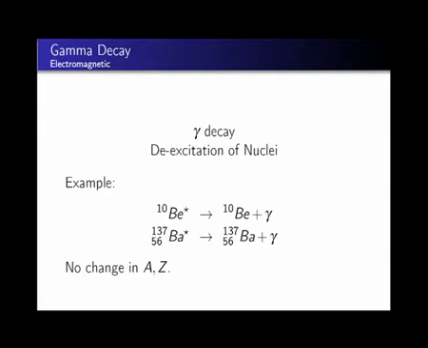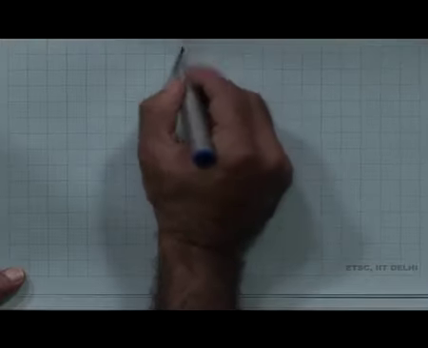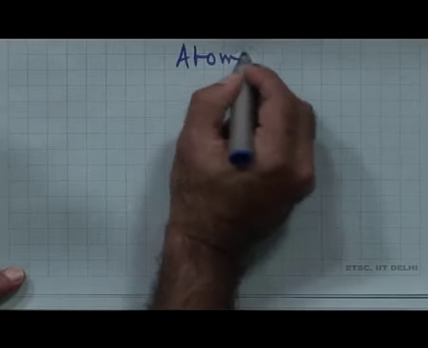In the case of gamma decay, actually a nucleus is not undergoing any decay. We all the time speak of radioactive decay, but gamma is actually an example where there is no radioactive decay. It is a perfect analog of atomic de-excitation. So, let me remind you what we studied in the case of atoms, for example, hydrogen.